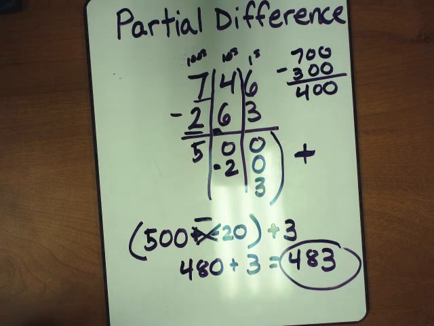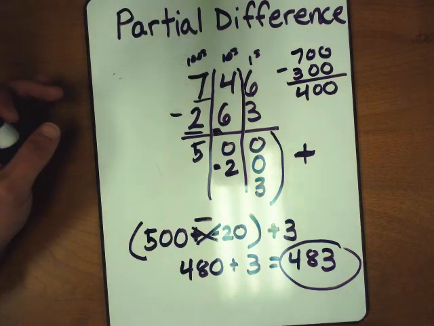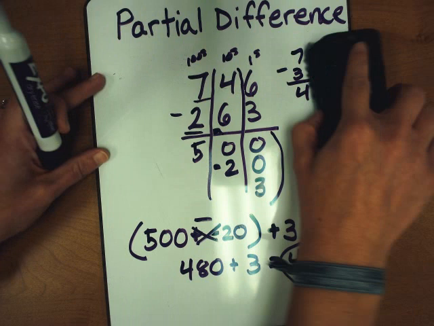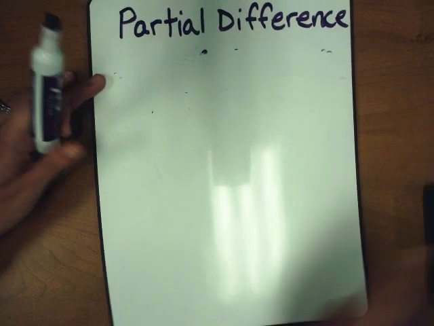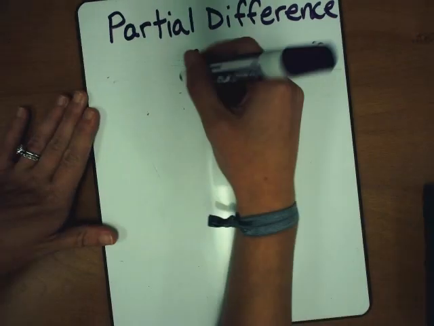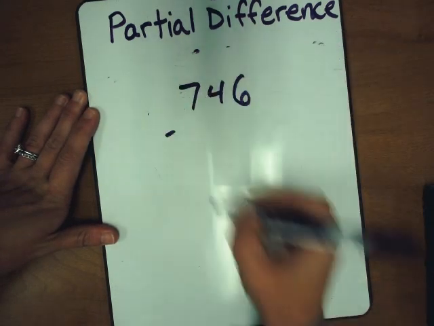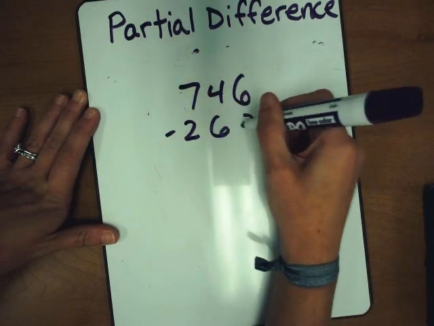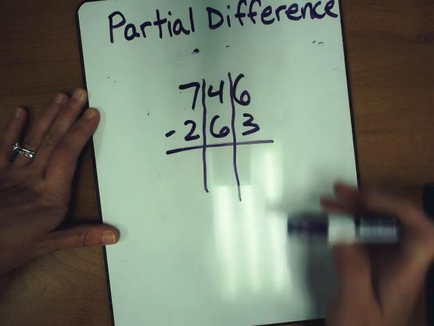I always like to check my work, especially with subtraction, because I'm not always the best at subtracting. So I'm going to check this 746 minus 263 using my favorite, the trade first method. I need more on top.